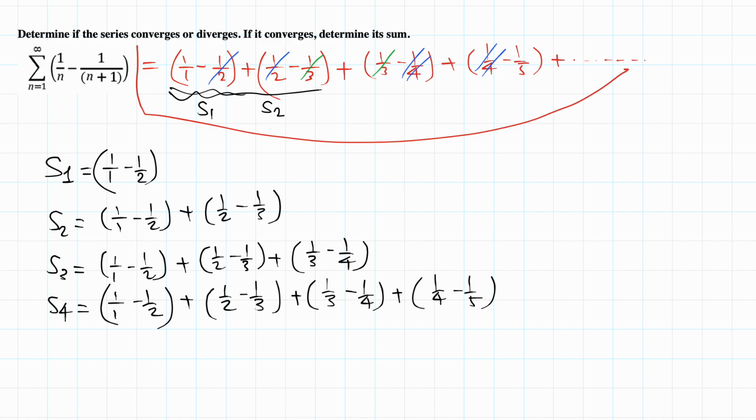I'm just trying to find a pattern. Starting with the sum of the first two terms, we can see 1 over 1 minus 1 over 3. That's the only thing left, the rest cancel. Then just 1 over 1 minus 1 over 4. Here 1/2 cancels, 1/3 cancels, 1/4 cancels. Very first and very last.